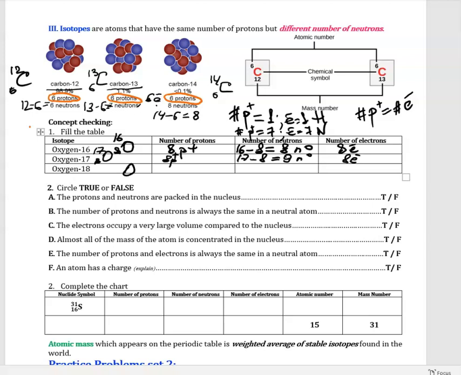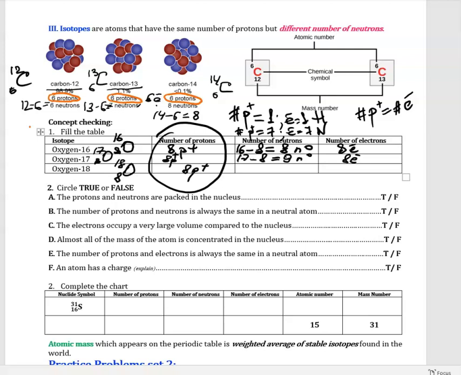Oxygen 18, 18 here, 8 protons. The number of protons is the same because it is oxygen. If it is 9, it will not be oxygen. If it is 7, it is not oxygen either.